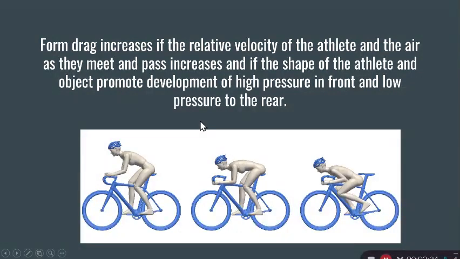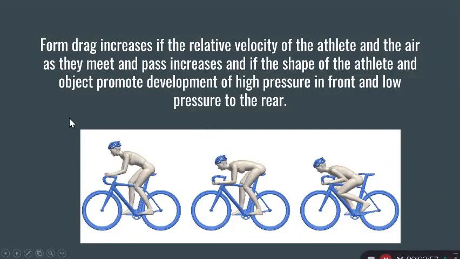So form drag is very determined by what the object or athlete looks like, okay? How much surface area is being affected by it, and how much high pressure versus low pressure is created by you going through the air.